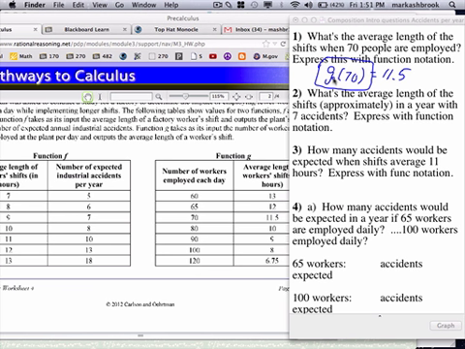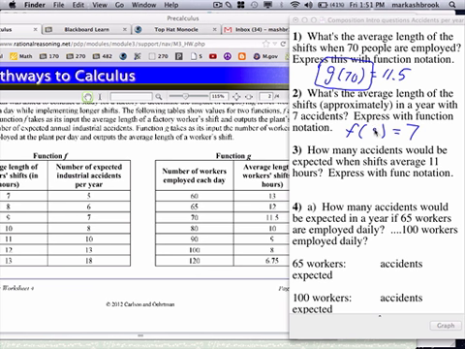Okay, so average length of the shift in a year with 7 accidents. So we're going to look at function F or G. And 7 accidents, is that the input or the output of F? The output. The function of F is to give a number of accidents per year. So we're asking a question, what input into F would give an output of 7?